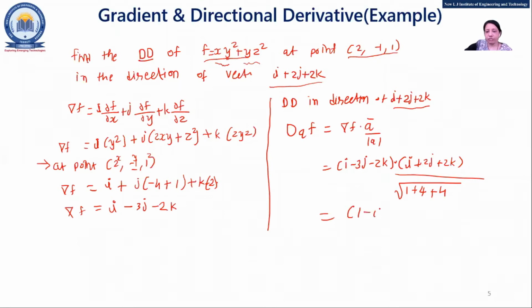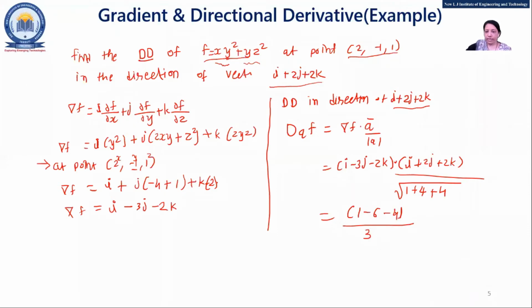Minus 3 and 2, so minus 6. It is the dot product, which I think you have learned in the 11th standard. 2 into 2k is 4, right? Now 1 plus 4 plus 4 is 9, under root 9, so it will be 3.